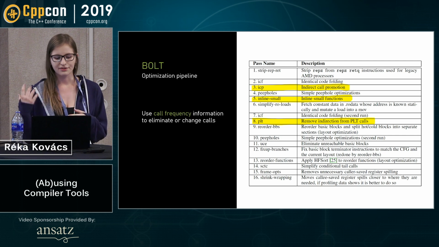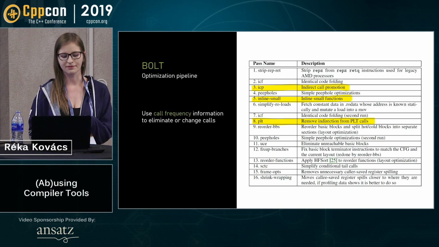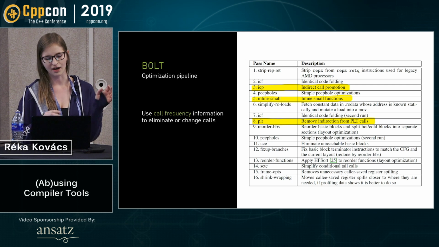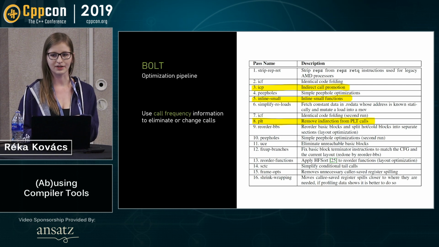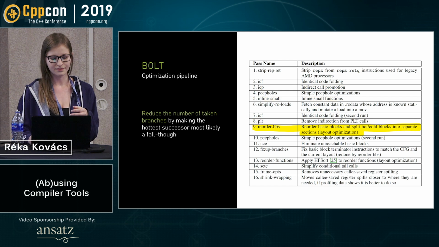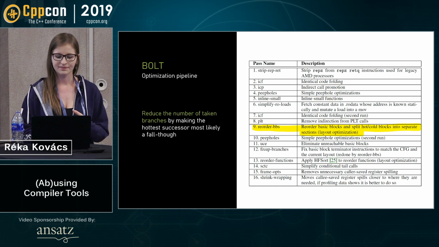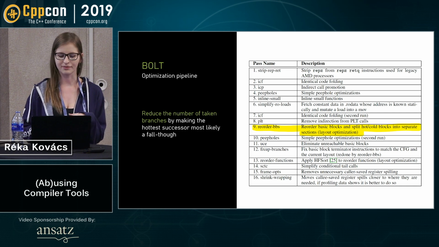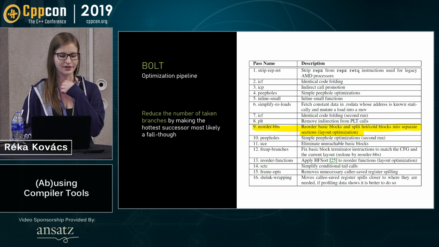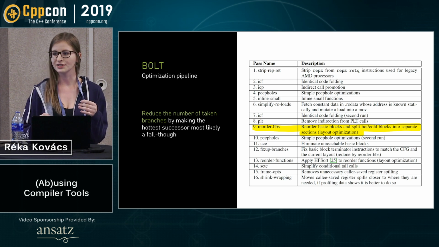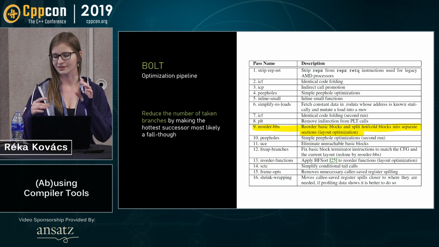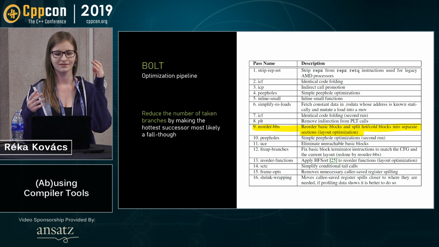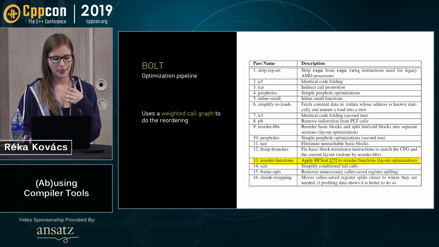There are some other transformations that use call frequency information to throw away calls or modify them in a way that makes them more performant. And these are really interesting. The reorder basic blocks transformation's goal is to reduce the number of taken branches by rearranging the code so that the hottest successors come after each other, so that you don't have to jump so much.